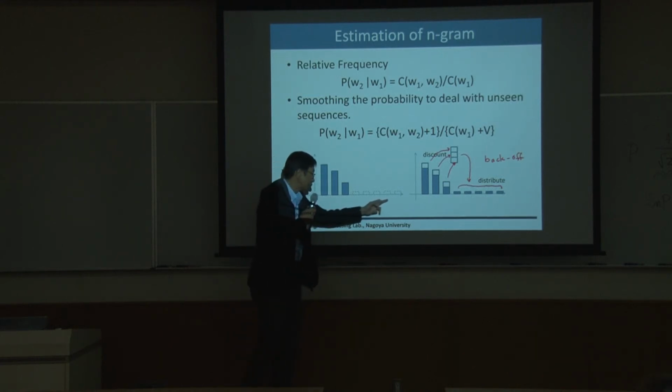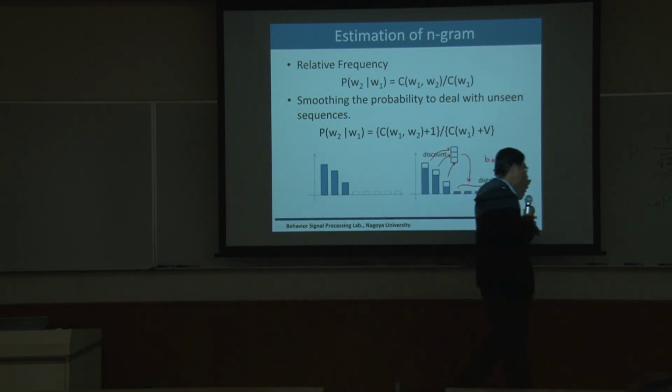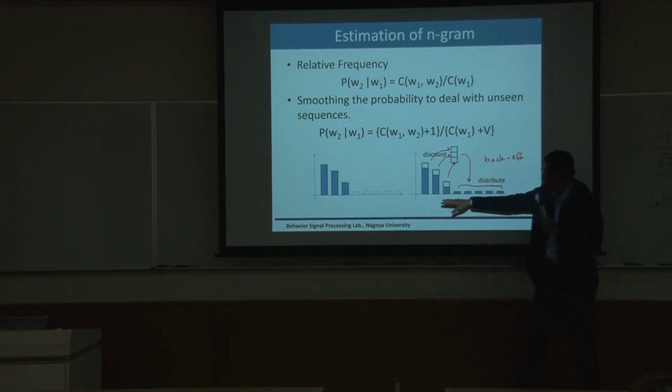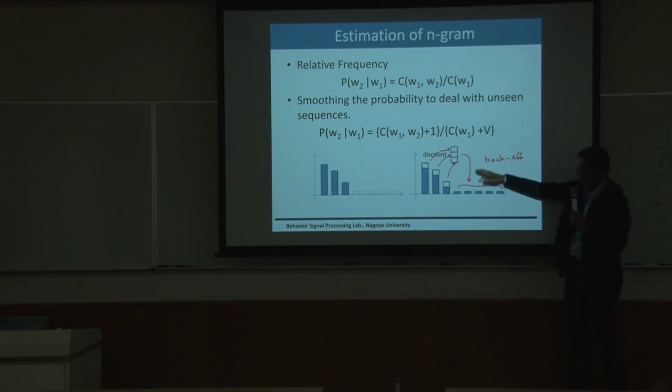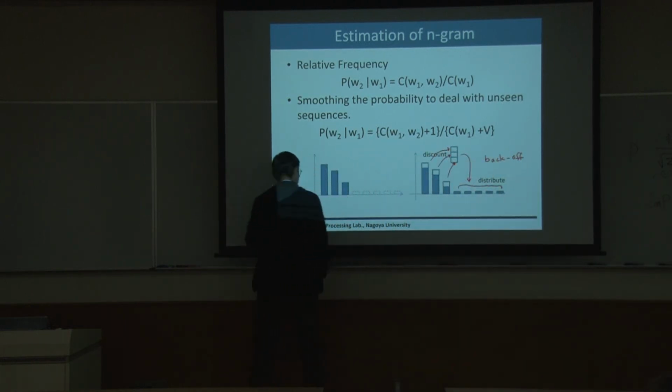There are natural symbols there, but you accidentally didn't observe this data. In that case, you can discount the observed data and give these probabilities to those unseen data to make a very robust model of the data sequence.